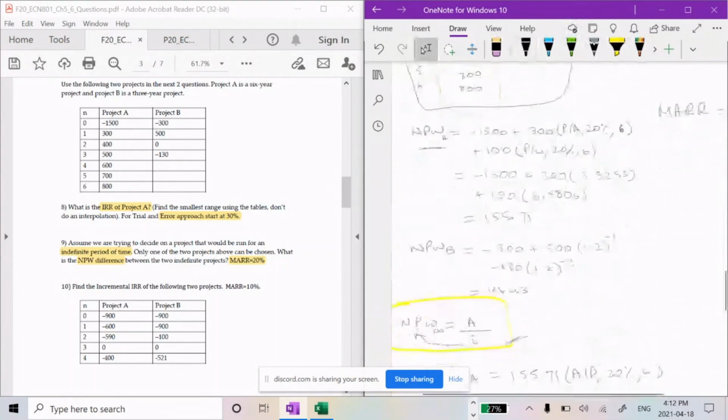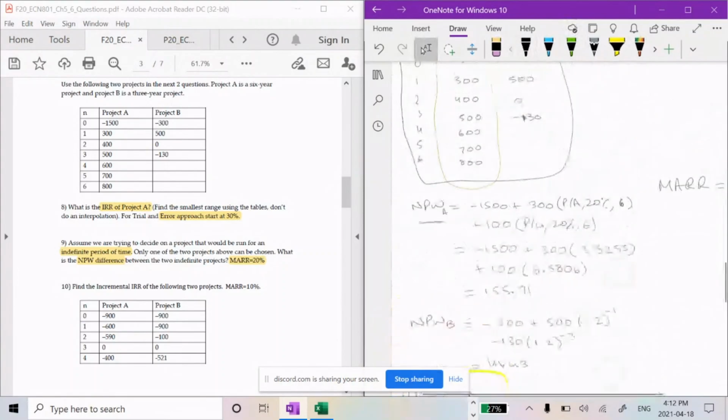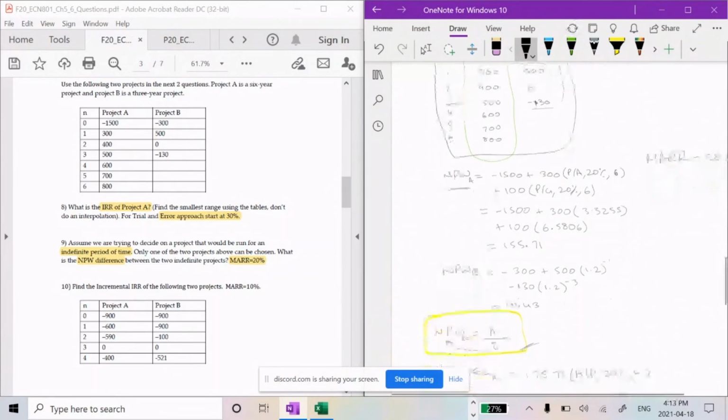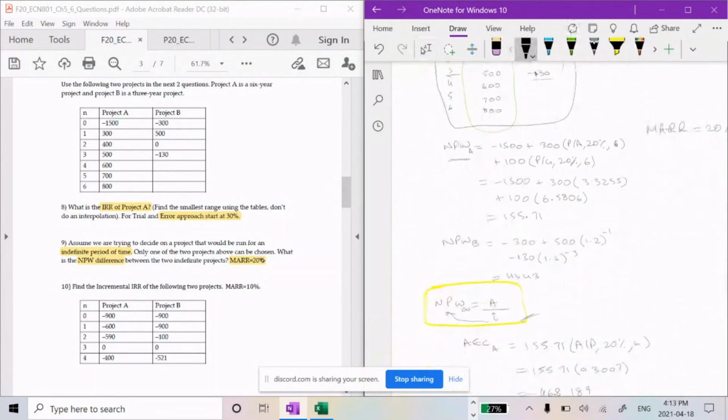For B, what I did is I simply took all of them back to period 0. This 300 is already at period 0. I took 500 back one period, dividing by 1.2 because of 20%. Then I took the 1300 back 3 periods because it's in the 3rd period. I took that back to period 0. I get the net present worth of B as 41.43.